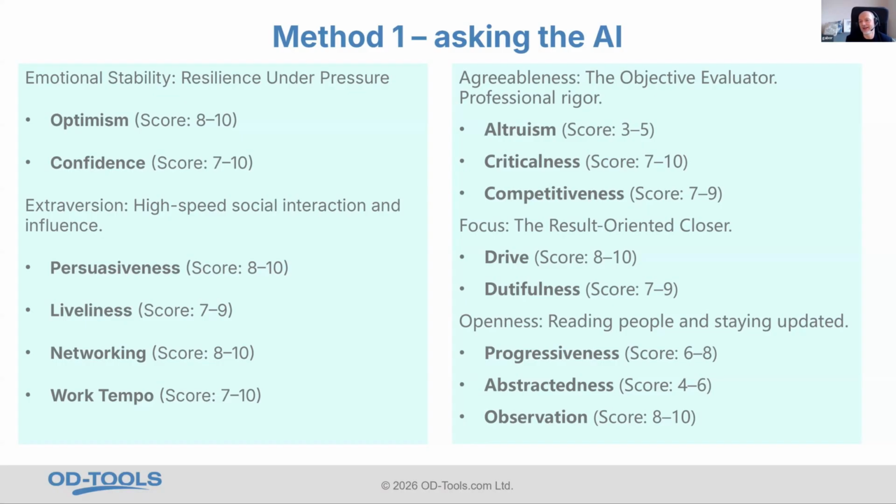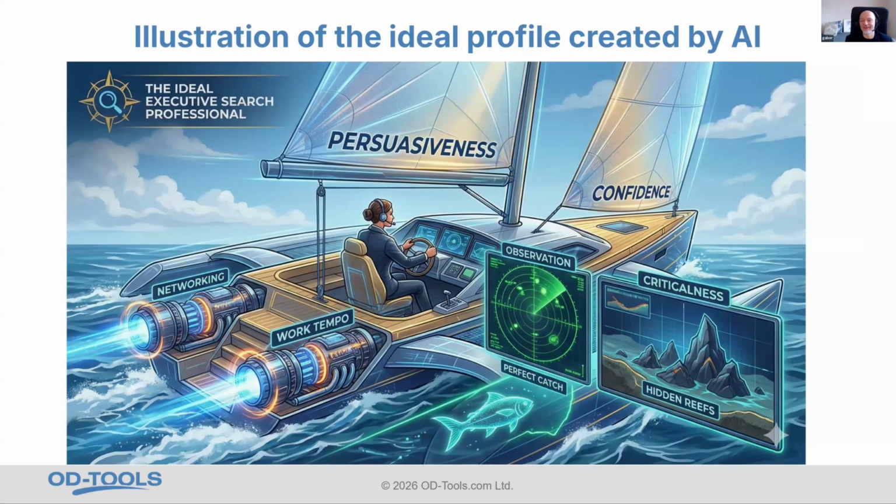So this is the AI suggestion, and AI can also do some creative stuff. So I asked it to create a kind of analogy, a visual picture for this job, for the ideal candidate, for this success formula. And you can see that networking and work tempo are the engines that push towards success, and persuasiveness or confidence are the traits that boost your sales.